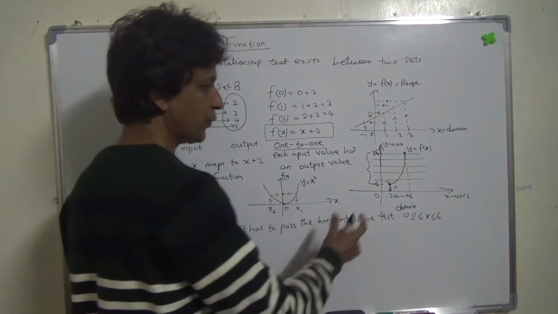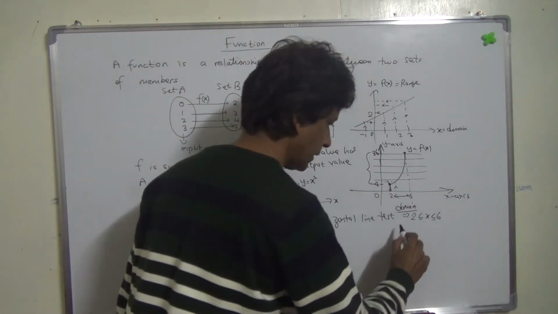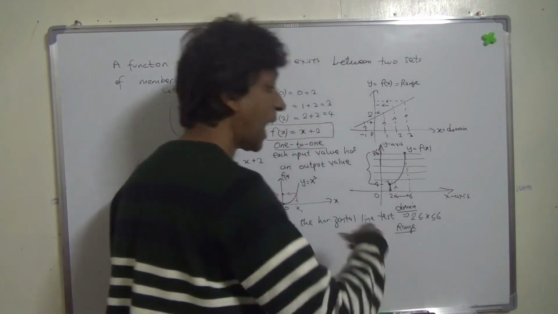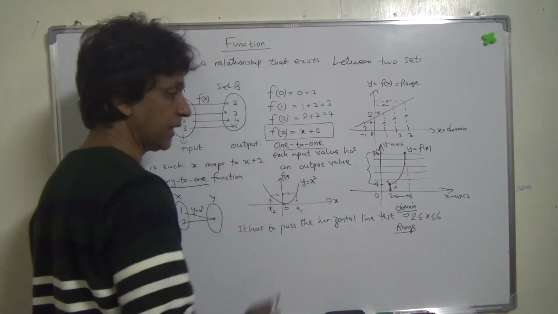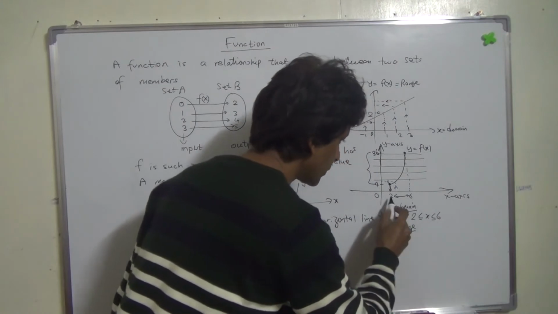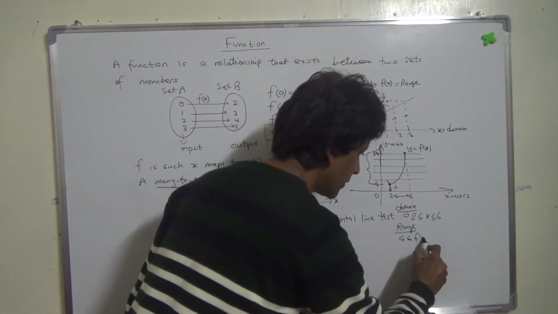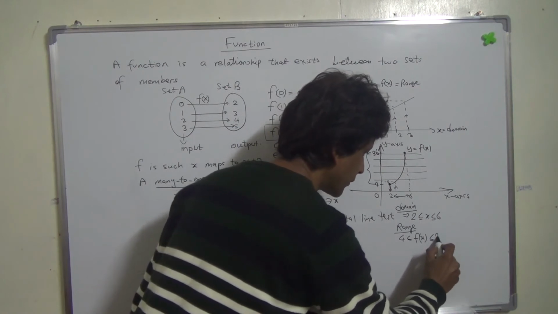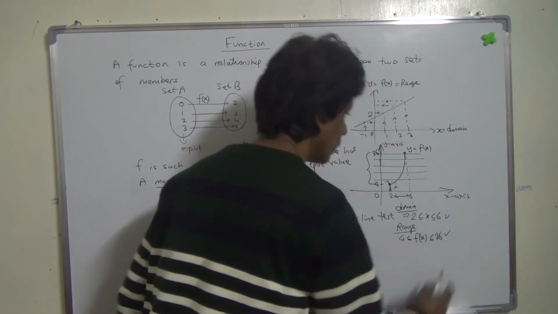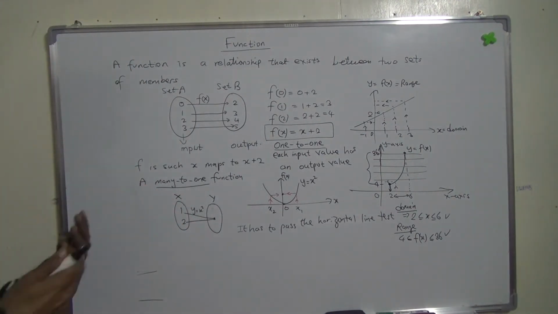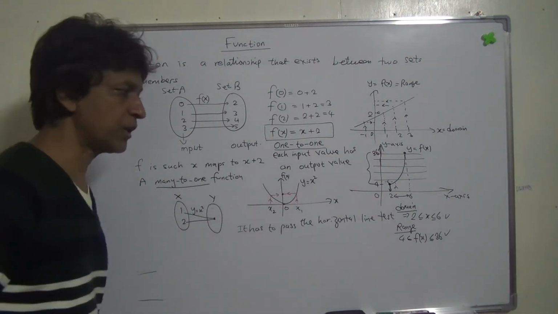So your range for this domain, which are the output values, like we explained at the beginning, from 2 to 6 we get 4 to 36, so 4 less or equal to f(x) less or equal to 36. This is how we understand what range and domain are all about, and how we get our range by using the domain.